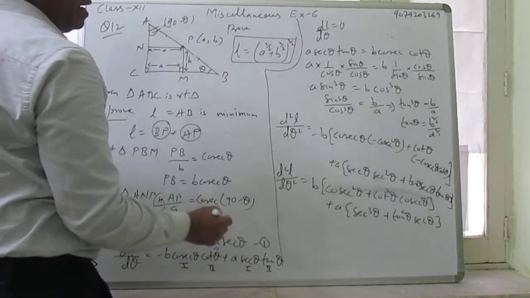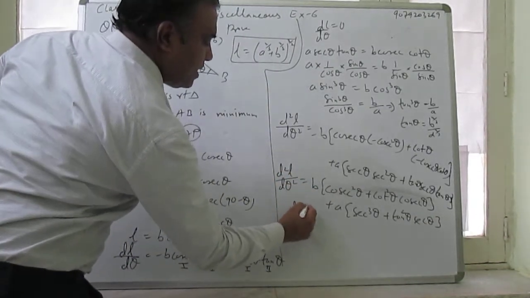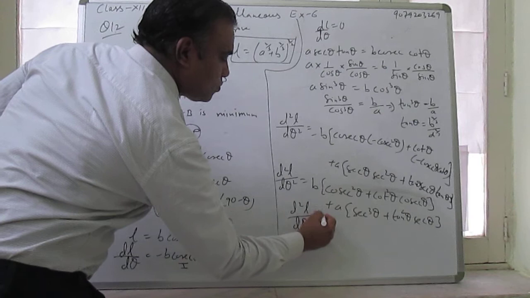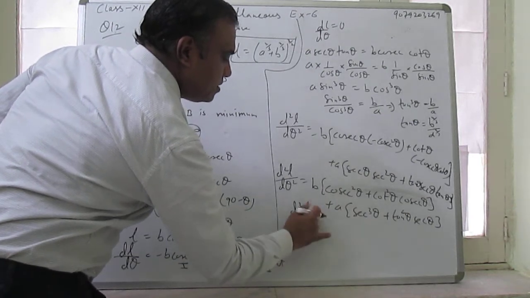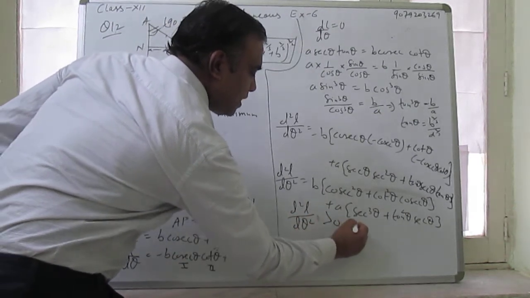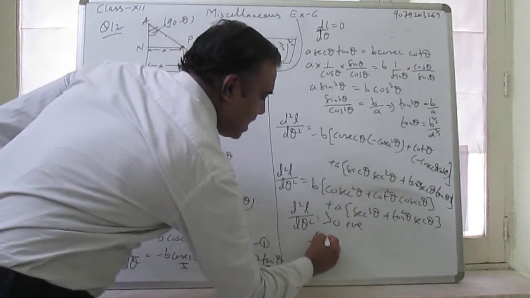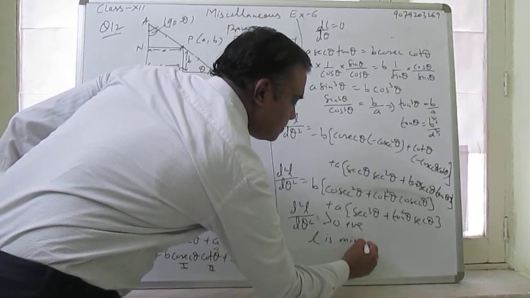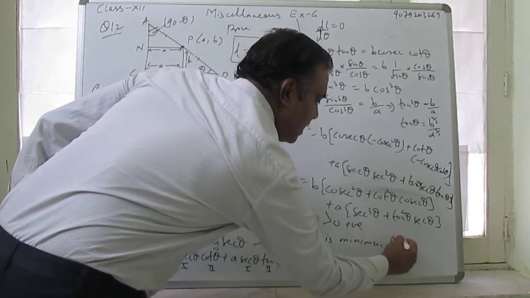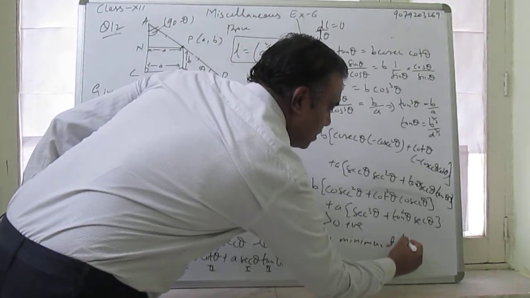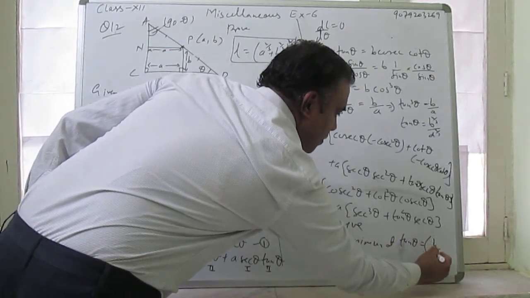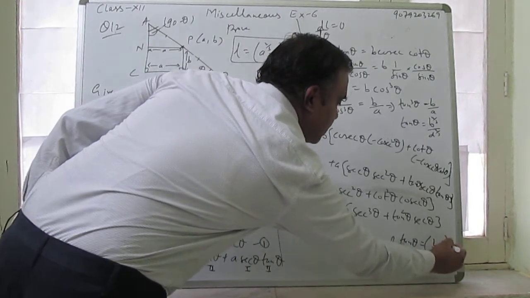Here we clearly see that d2L by d theta square is greater than 0, that is positive. So the length L is minimum at tan theta equal to B upon A to the power 1 by 3.